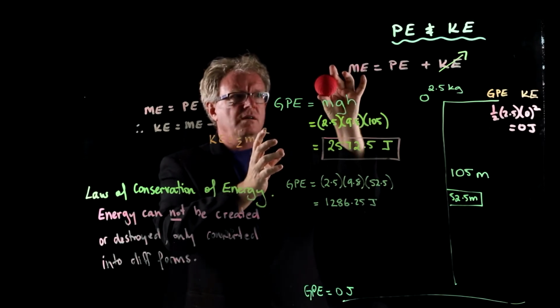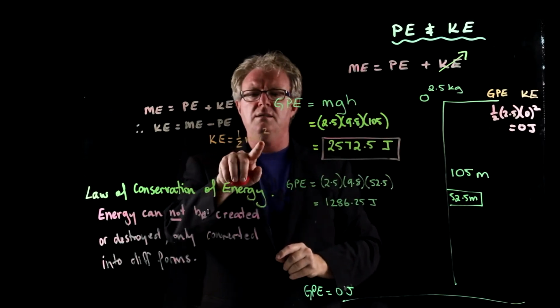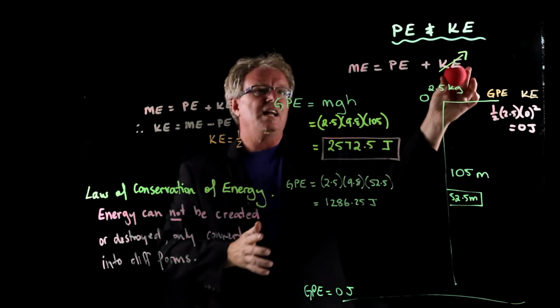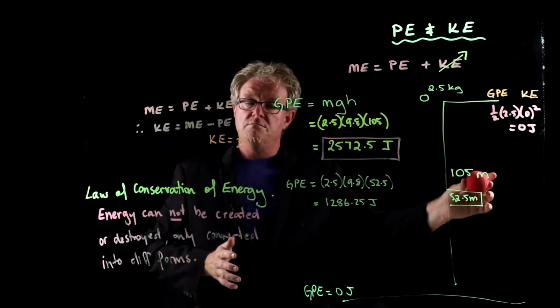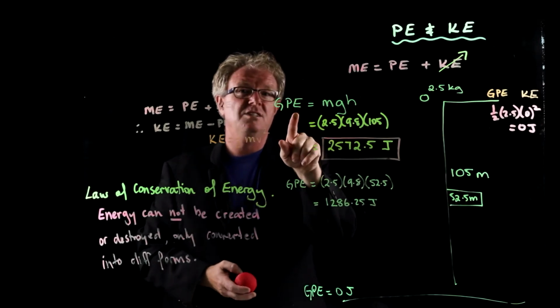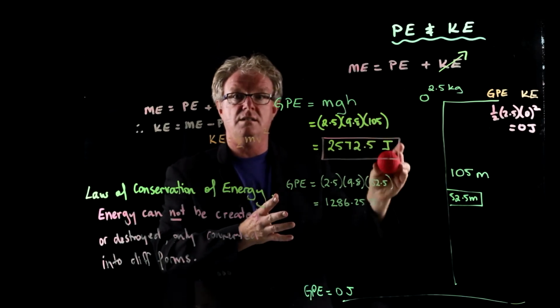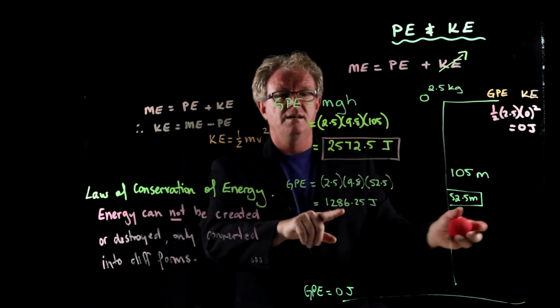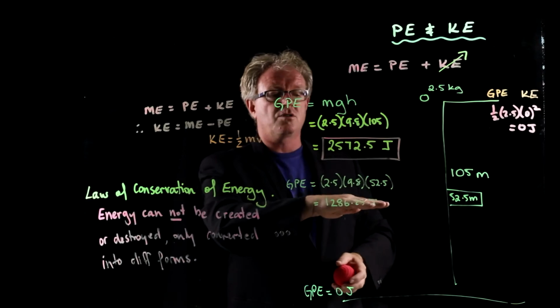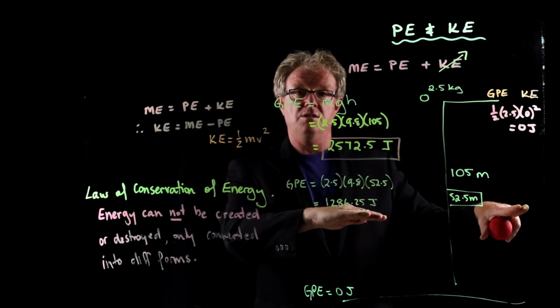As it's falling, it's starting to move. So if it's starting to move, according to our formula here, velocity, it's starting to gain kinetic energy. As it's gaining kinetic energy, the gravitational potential energy must be decreasing because the height is getting less and less. At halfway, we have the kinetic energy equaling the gravitational potential energy.